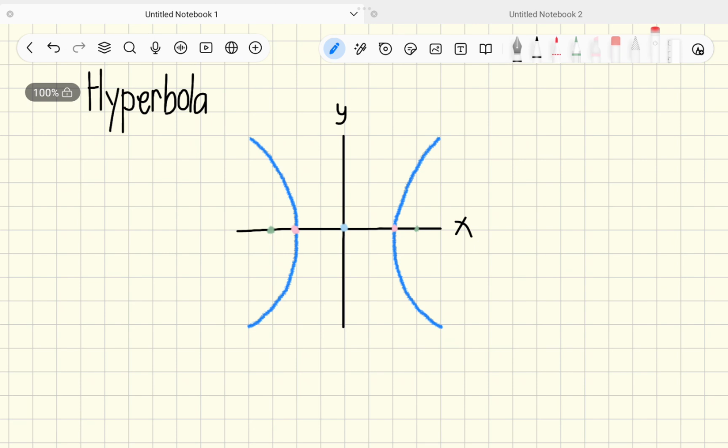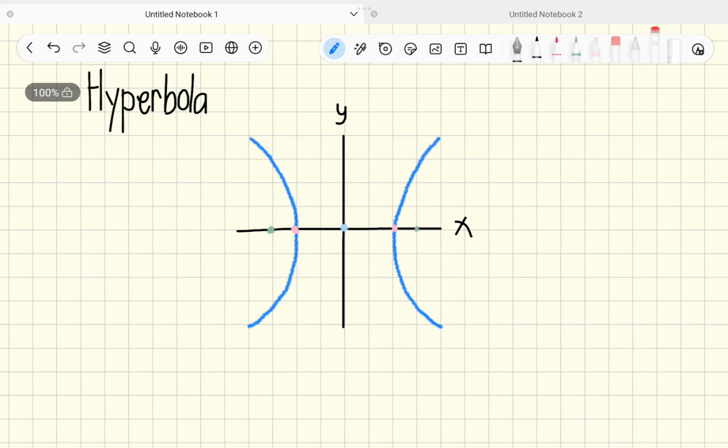Your directrix is somewhat the same concept as the directrix of your parabola, wherein that is a distance away from the vertex. But we are more concerned here with your transverse axis and your conjugate axis.